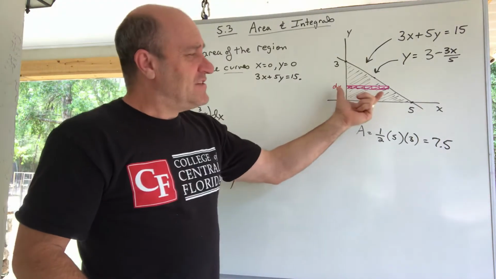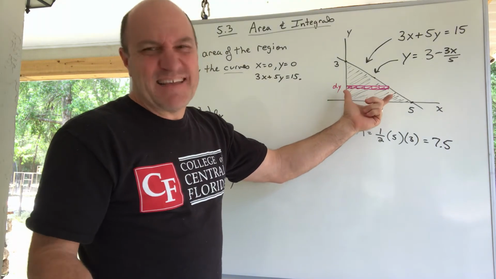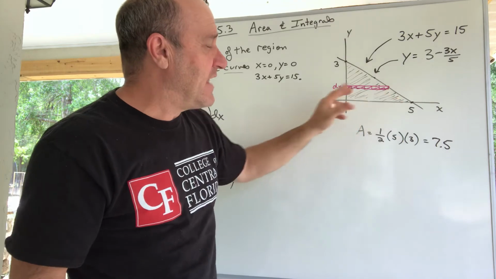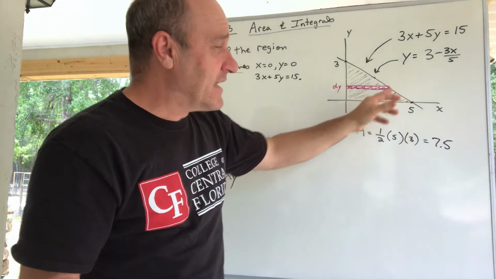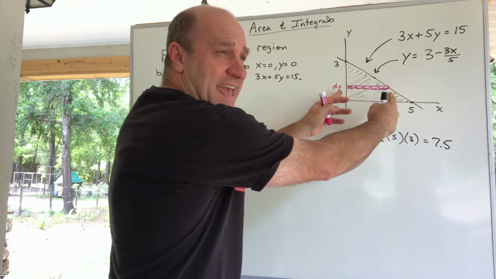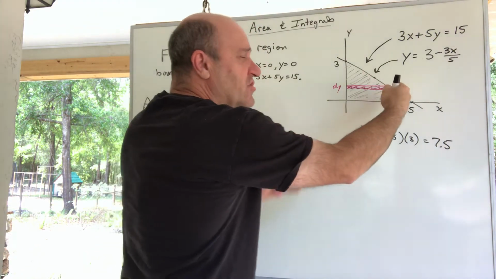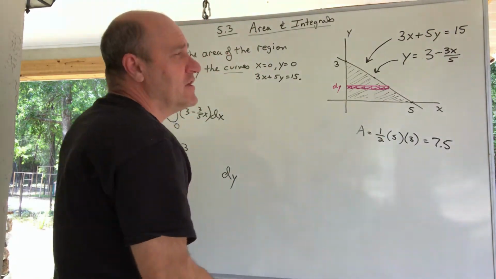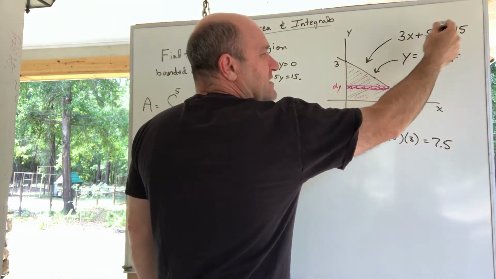And then instead of talking about the height of that rectangle, it is still the height of the rectangle, but it's sort of the length of the rectangle, and that distance is x. So now, from here over, we call that distance x. But when we hit the function, what I want is x written as a function of y. So now I have to solve for x in terms of y.